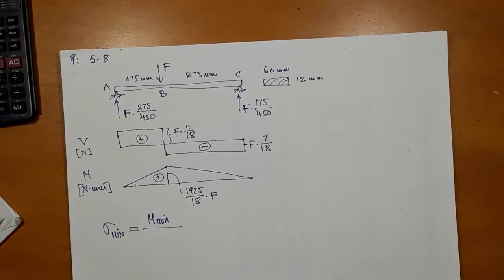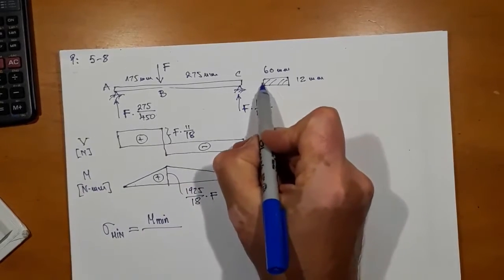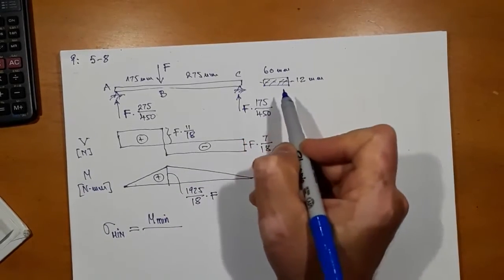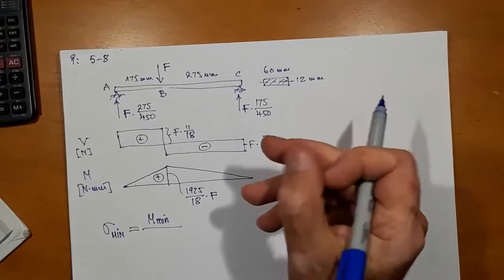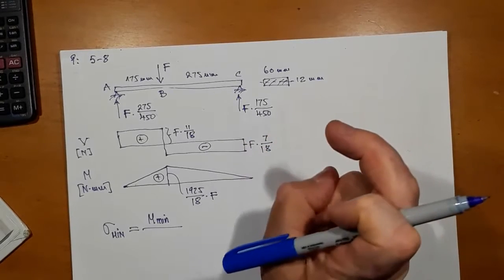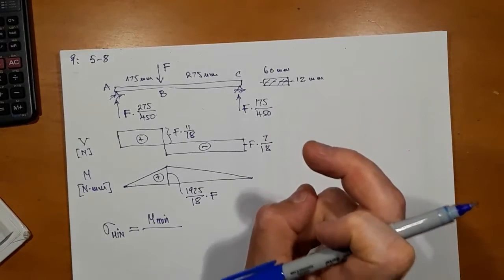And for the section modulus of a rectangle, I'm at the back of the book, appendix 1, S about x is the width times height squared over 6.